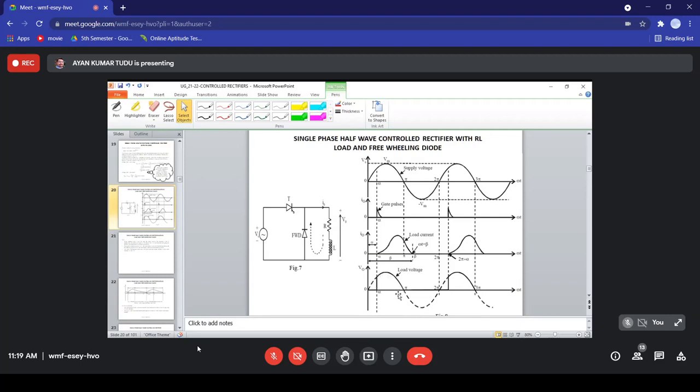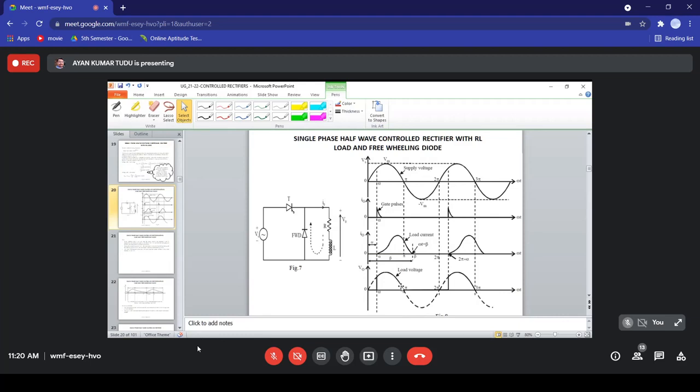As you can see, the output voltage across the load appears similar to the output voltage of a purely resistive load. Resistive load এর ক্ষেত্রে যে output voltage পাচ্ছি এই RL load with freewheeling diode ক্ষেত্রেও কিন্তু আমরা একই load voltage পাবো.